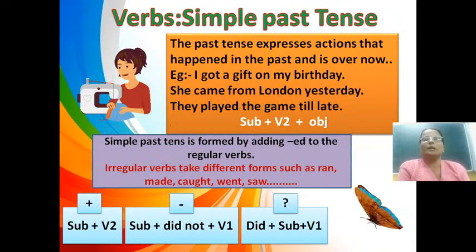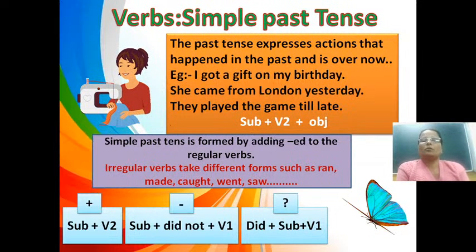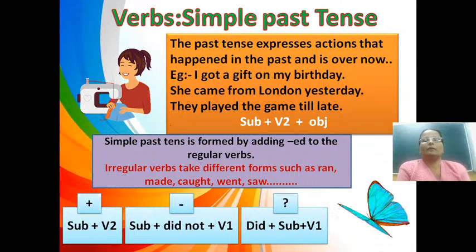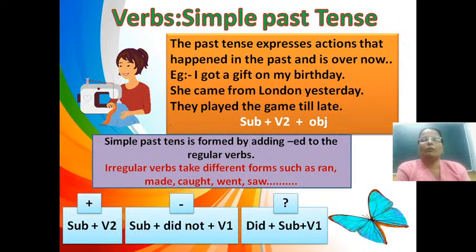Did plus subject plus V1 plus object. For example, again we will change the same sentence, he went to school, into a question. Let's follow the format. Did, the subject is he, did he, first form of the verb, did he go to school?